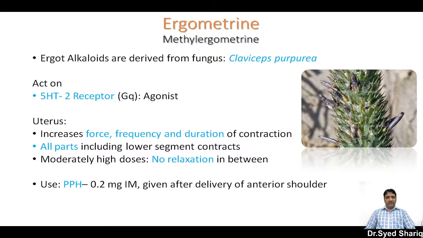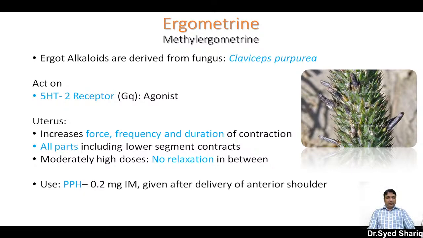If you have gynec postings, you know that anterior shoulder delivery is a very important milestone in the birth process. If you give it before that, you might hinder the delivery of the child. So therefore, it has to be given after the delivery of the anterior shoulder. This is very important.